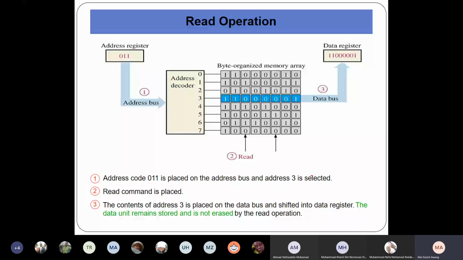Same thing with the read, but it's the other way around. Still you need the address register and address bus, but for read, the data from the memory goes into the data register. For the write, it is from the data register, goes into the memory. Okay, any question? If not, I'm going to continue.